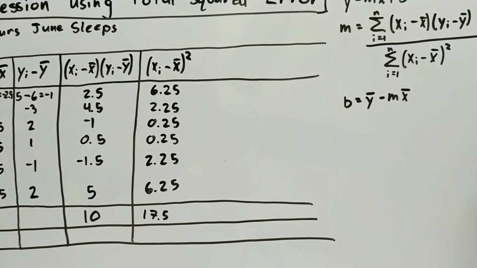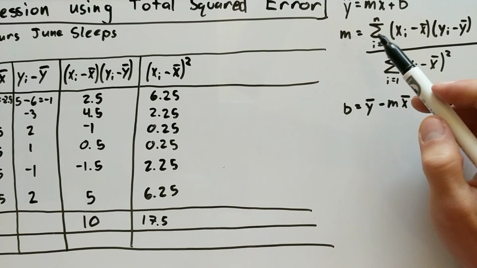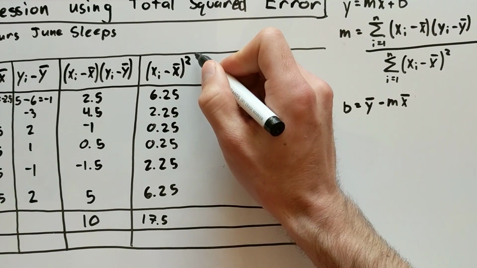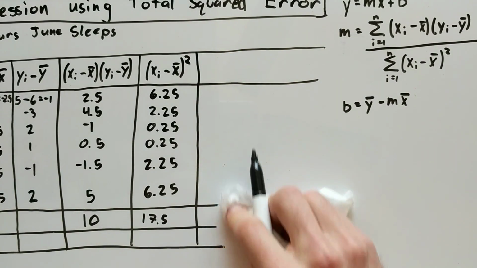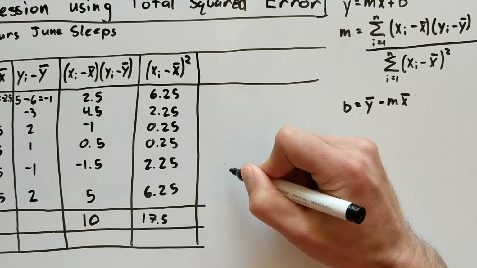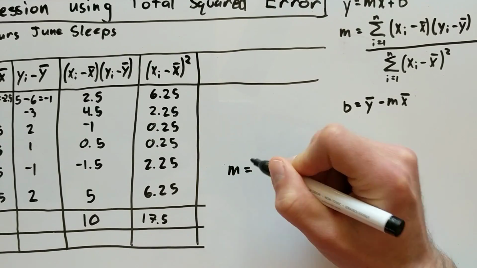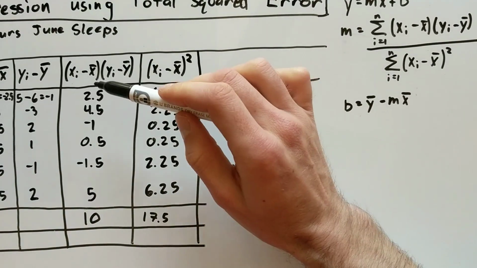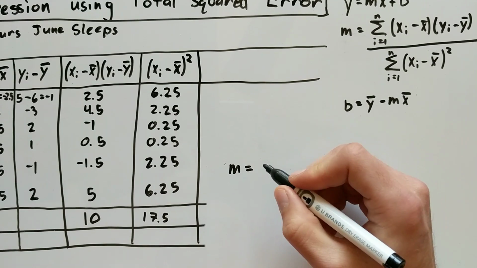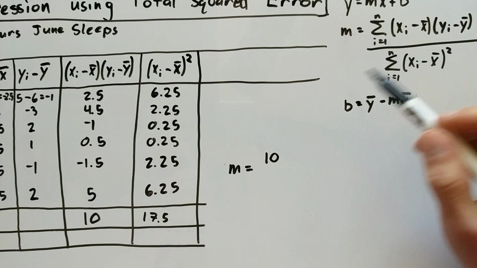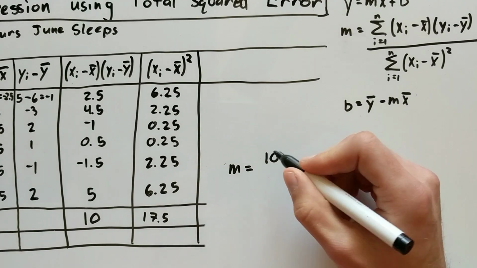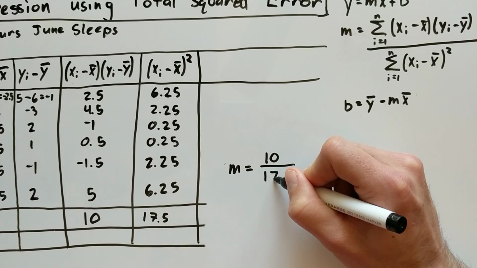Okay, great. Now we have done all the calculations we need to calculate m. So what is m going to be? m is the sum of this column, which turned out to be 10, divided by the sum of this column here, which is 17.5.